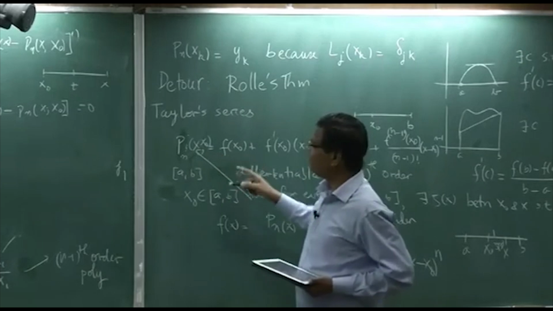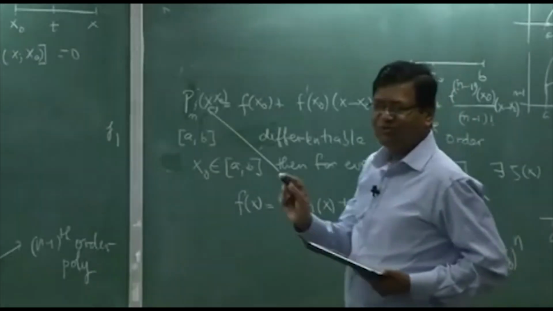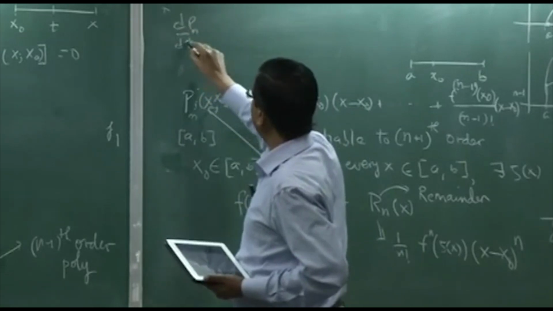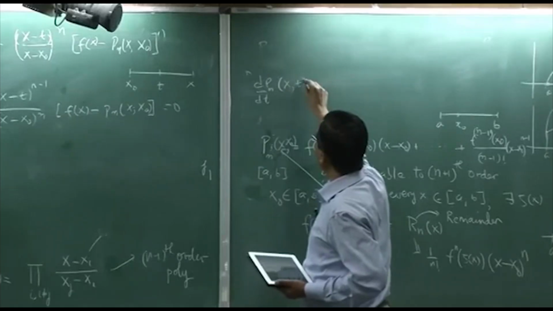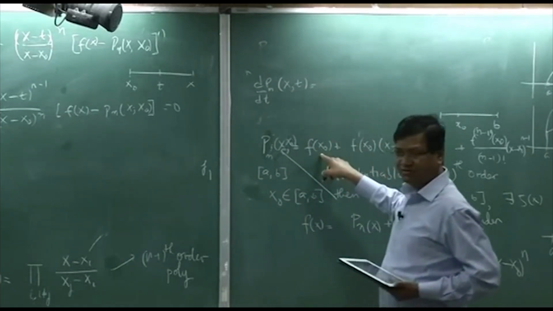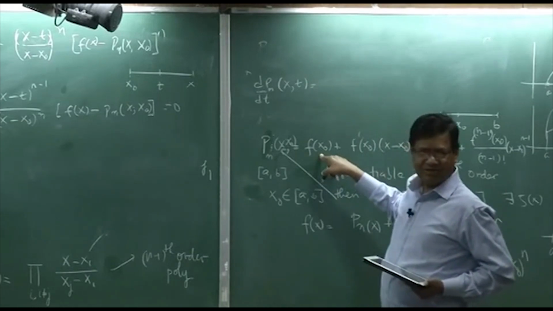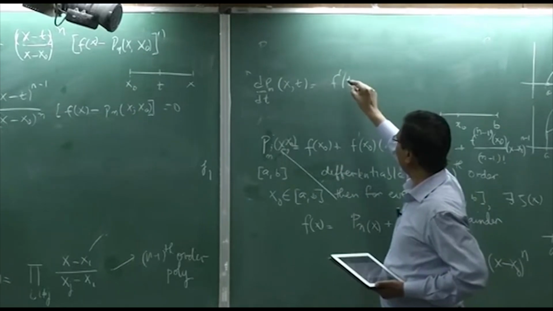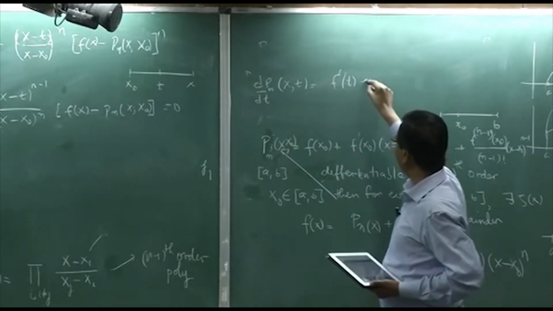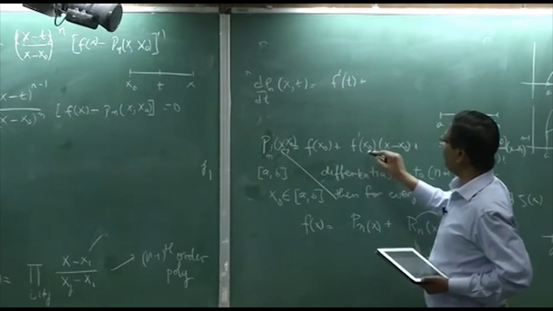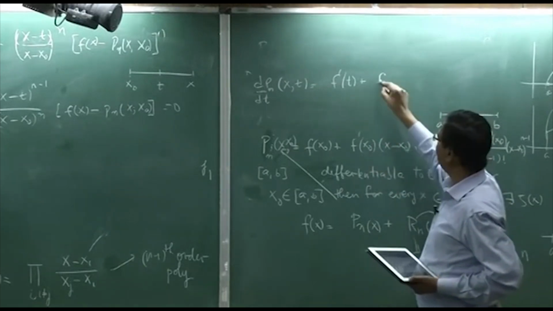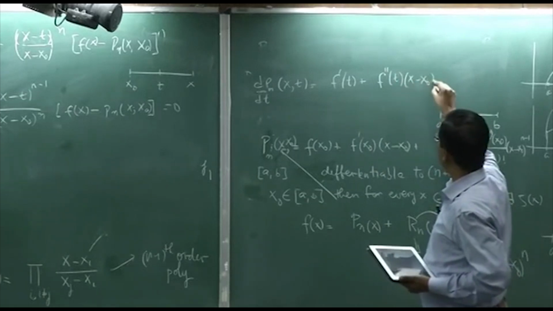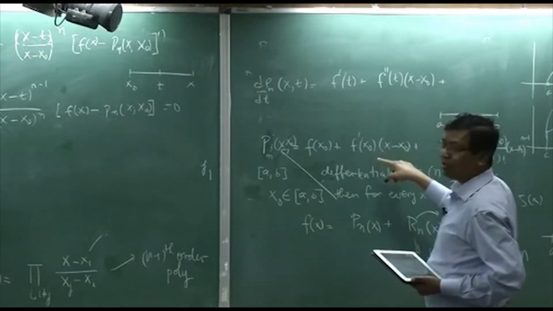So, if I take the derivative, what will I get? Let us just look at a few terms. So, d by dt of p n of x comma t. So, this is f prime. Instead of x 0 you should put t. So, f prime of t plus, now this is going to be f double prime of t times x minus x 0, plus product rule.